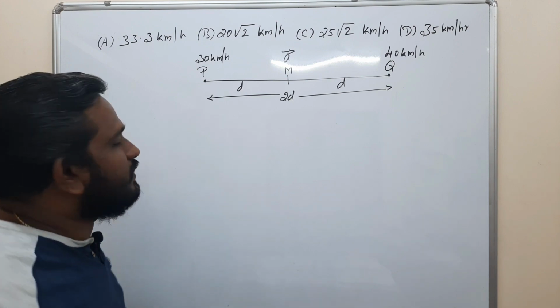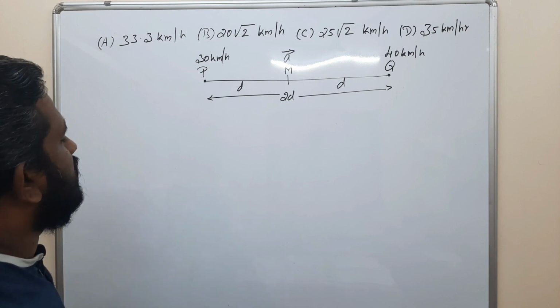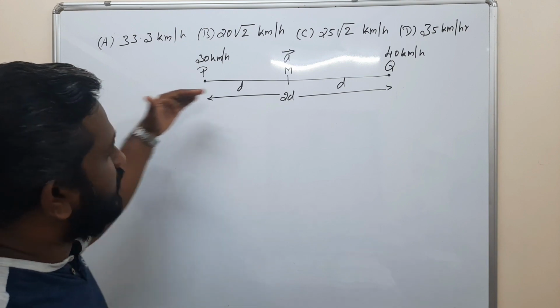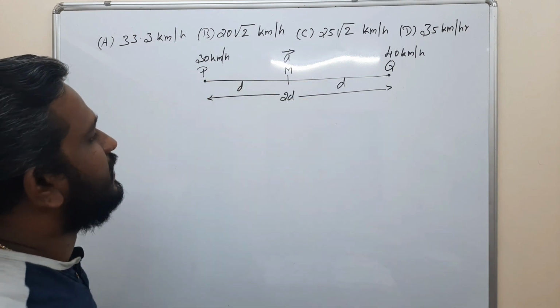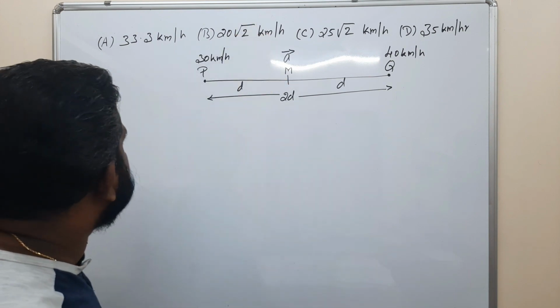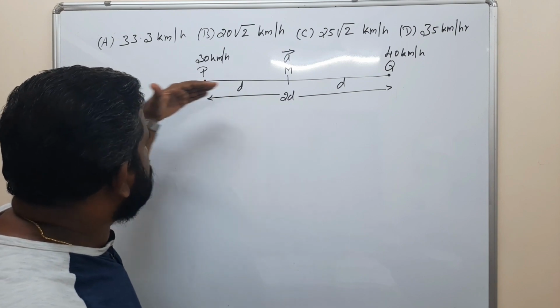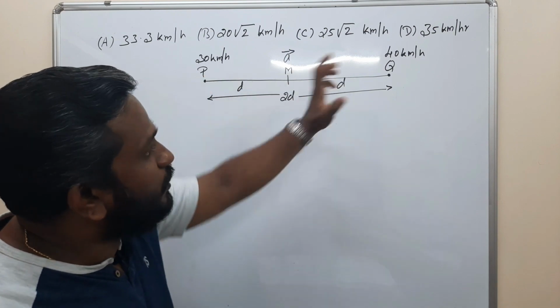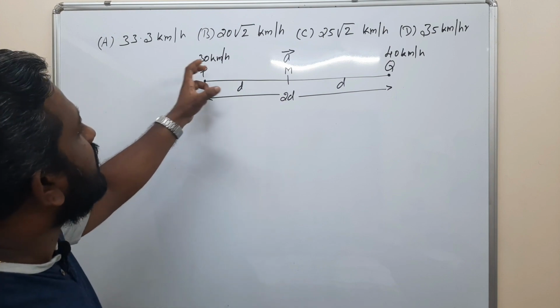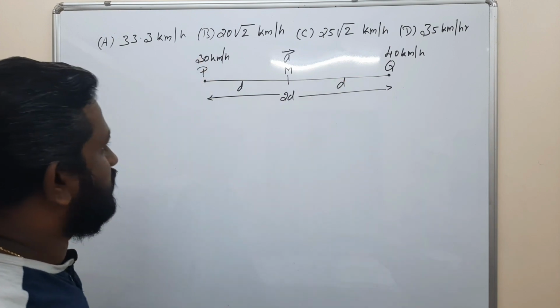So what is given in the question? This is the visualization of the question. A car is moving along a straight line with uniform acceleration. It moves through 2 points P and Q with velocity 30 km per hour and 40 km per hour respectively.